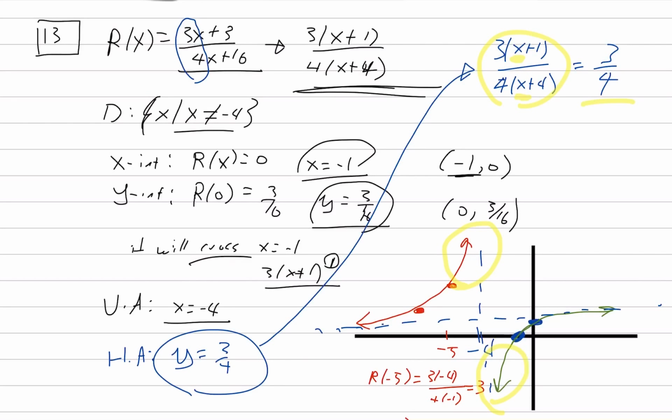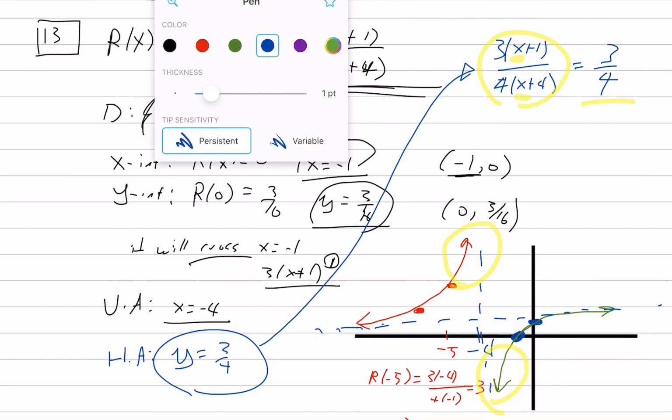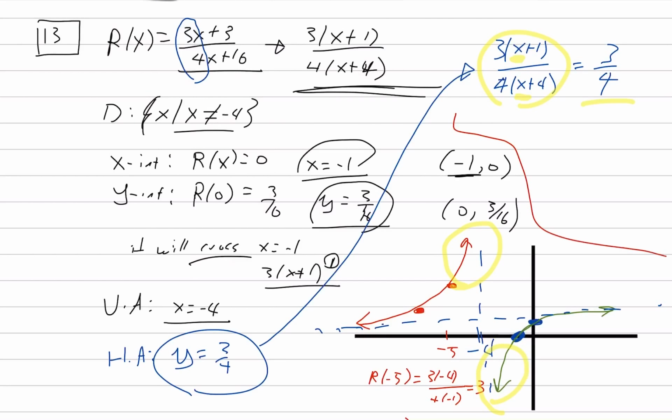Okay, so yeah, we can try to solve for it and we'll see that there's no answer. So let me do it here real quick. What I can do is multiply by 4/3 on both sides to cancel these numbers out.